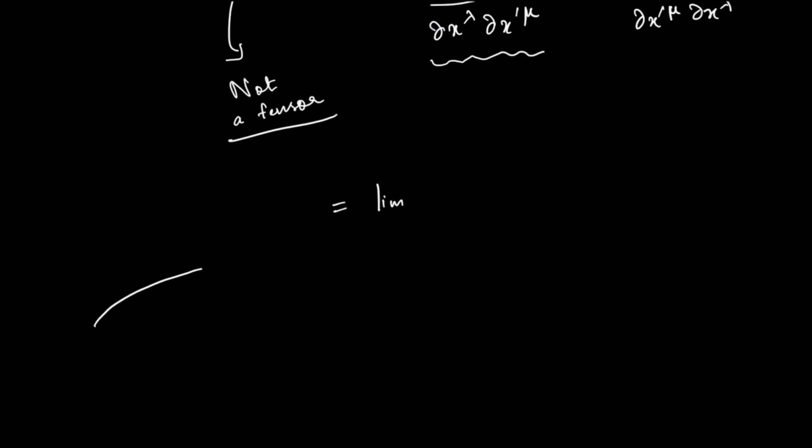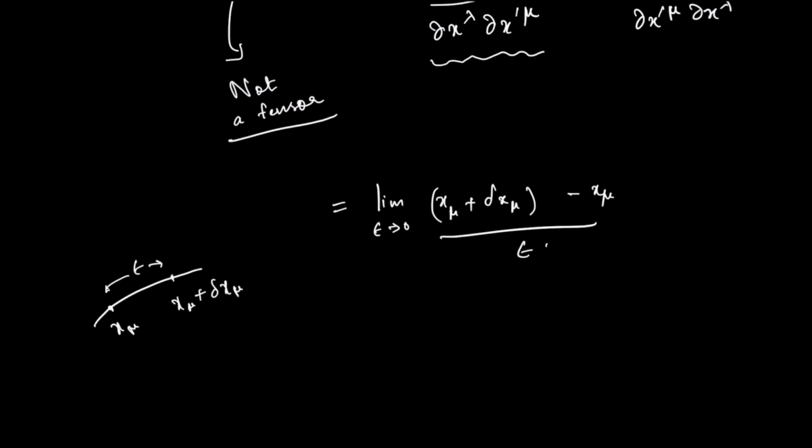So if you have a curve at one point x mu and another point x mu plus some delta x mu, let this distance be some epsilon, then the limit as epsilon tends to 0 of (x mu plus del x mu minus x mu) by epsilon. So this is how you take the derivative of a vector at two different points.